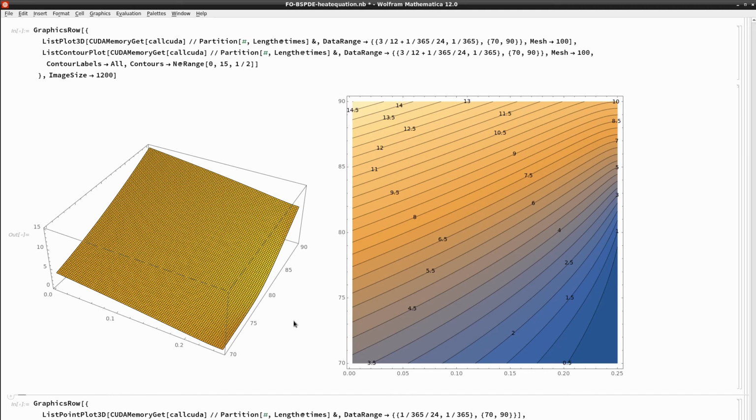Okay, so here we see our call surface. It's a bit pointed here when we have short time to expiration. It's smooth when we have longer time to expiration. And the contour plot reflects that.